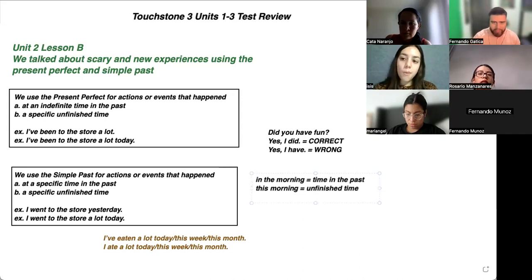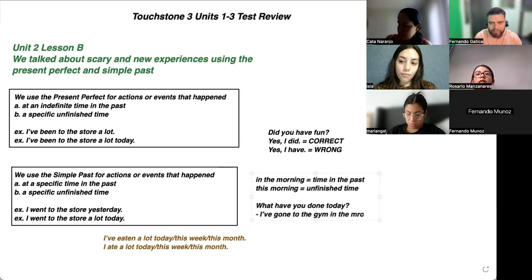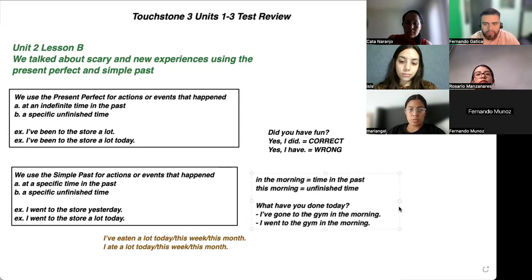So you have to be careful with that, because what if I ask you, what have you done today? ¿Qué has hecho hoy? And you say something like, I've gone to the gym in the morning, or I went to the gym in the morning. Which one would be correct? I went to the gym. Exactly.